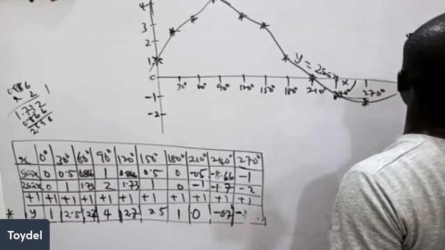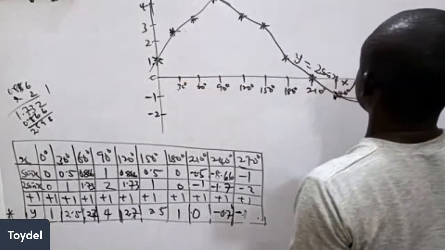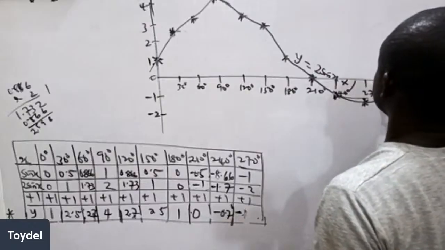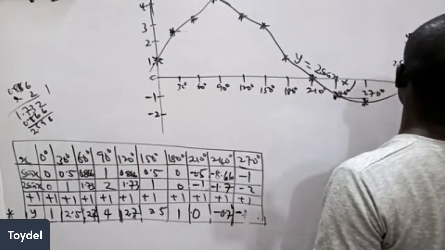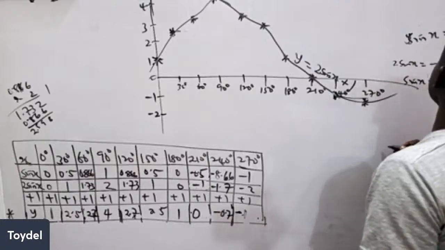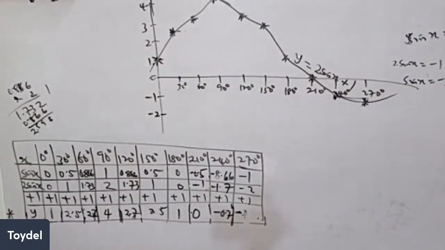Sine x equals 1/4. So sine x is equal to -1, sine x is equal to -half. So what do we do on the graph? You can locate that on the graph.